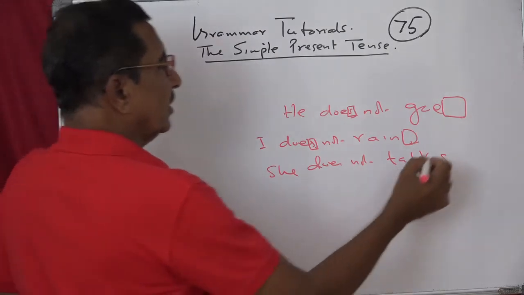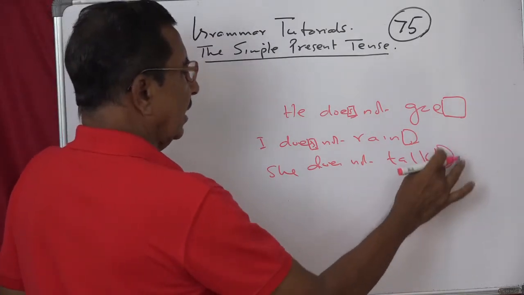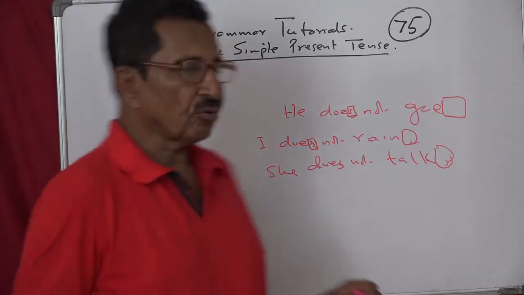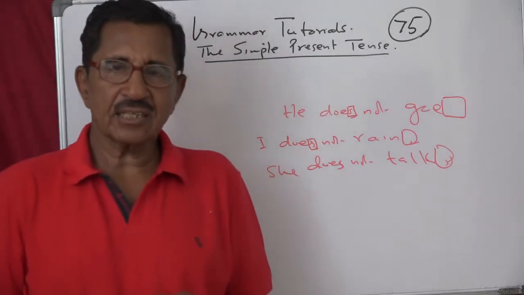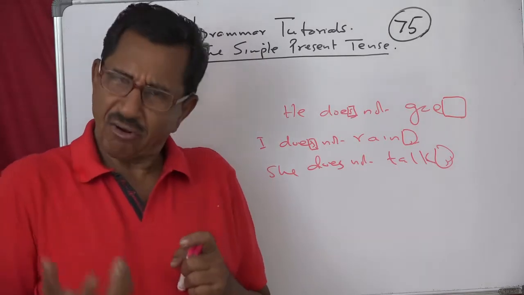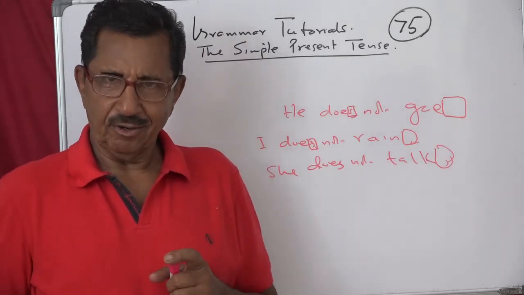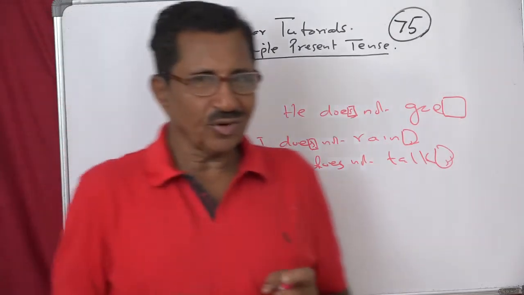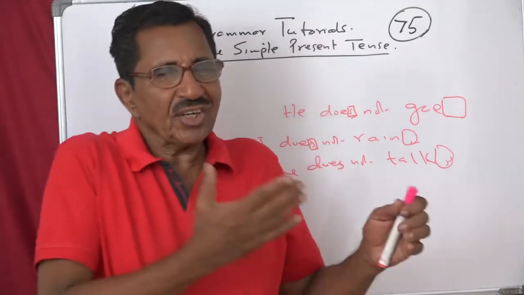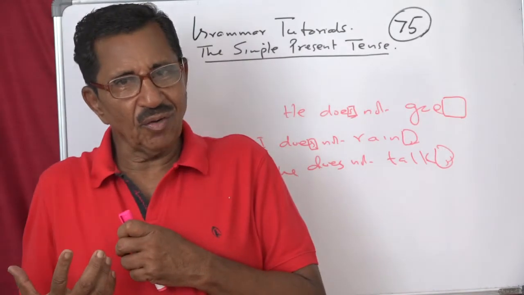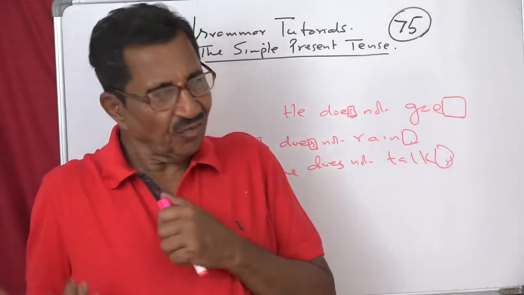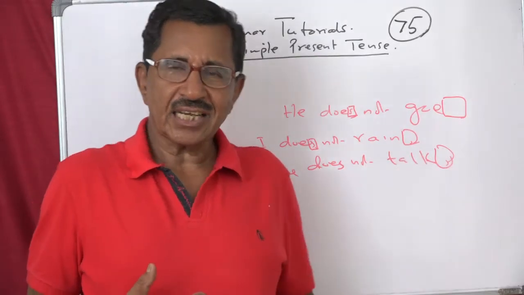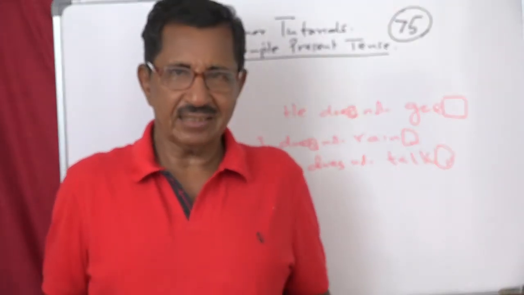Why? Because this S has already been taken and added here. She does not talk. Don't say she does not talks. It's a very common mistake made by children when they start learning English. The point is the S rule, the shifting of the S to the auxiliary or the first member of the verb phrase, and then the second member remains without S.